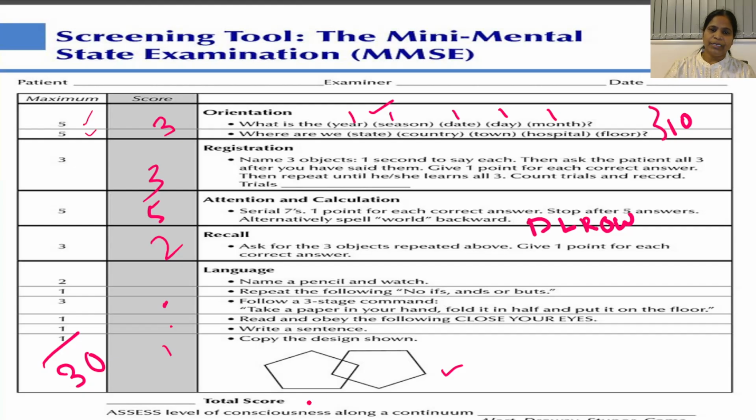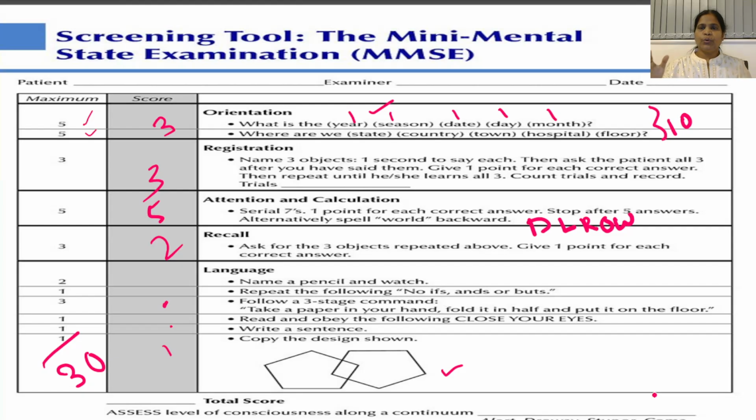Apart from that, you can also assess the level of consciousness, along with that, say whether they are alert, drowsy, stupor, or coma. Now coming to scores of the mini mental status examination. If they are scoring above 23, then that is okay, fine.